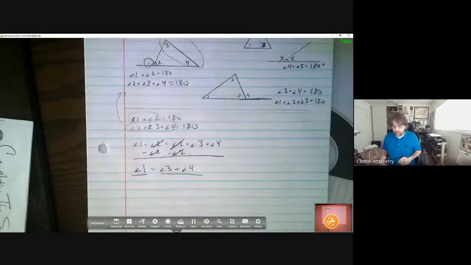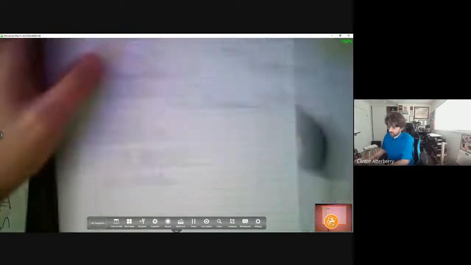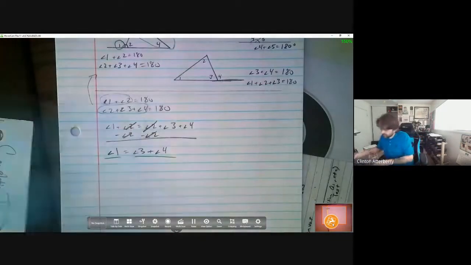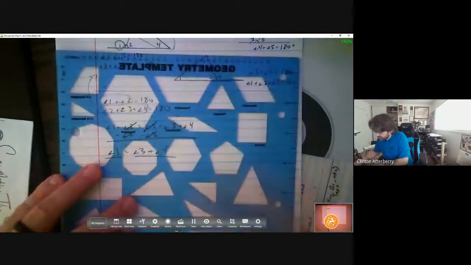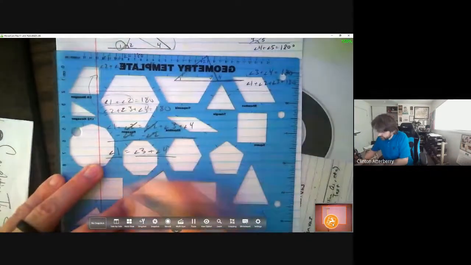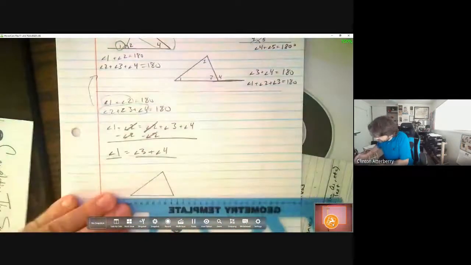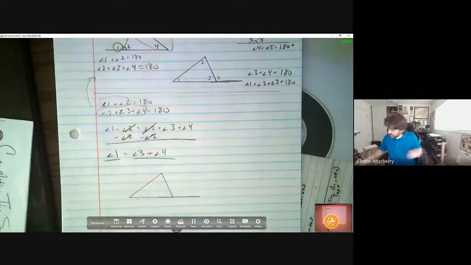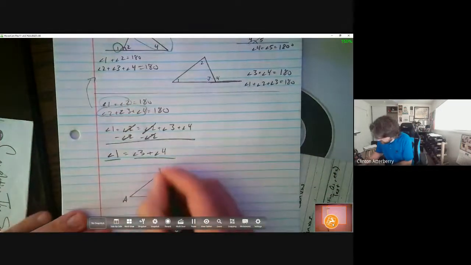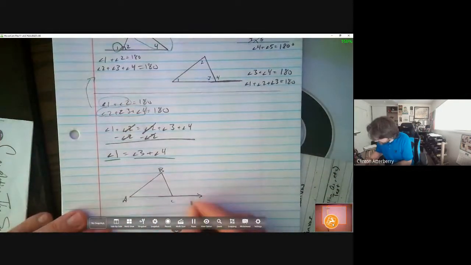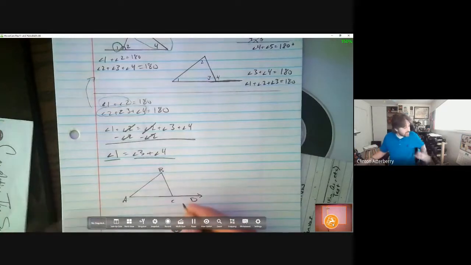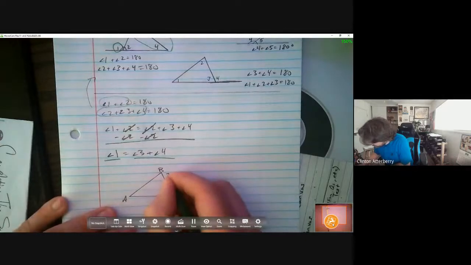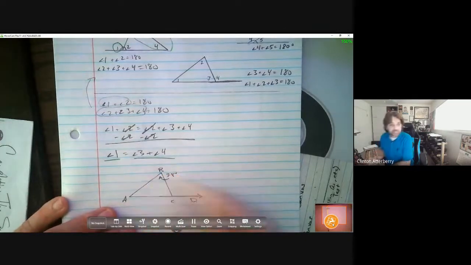So that's cool, Mr. Atterbury, but what will that look like on our test? Let me show you. On your test, you're probably going to see a question that looks similar to this. They'll give you something like A, B, C, and D, and they'll say this angle over here equals 78 degrees in that little corner.